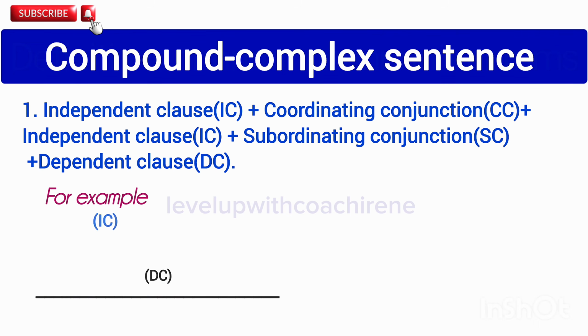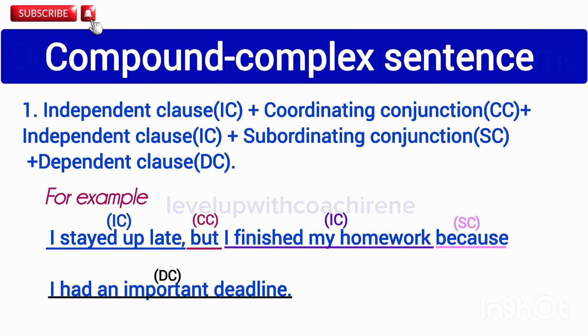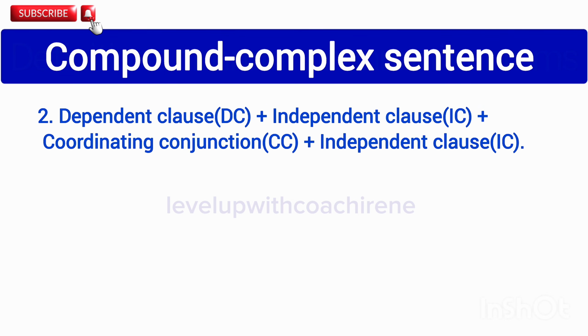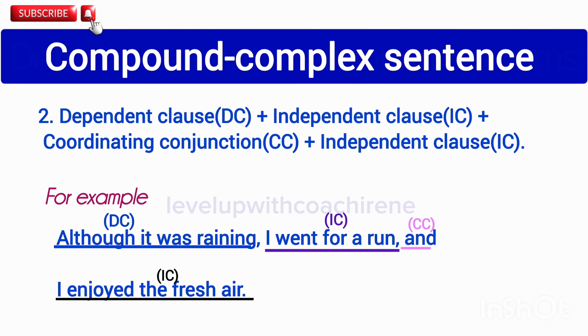For example, I stayed up late, but I finished my homework because I had an important deadline. It can also be formed with a dependent clause plus independent clause plus coordinating conjunction plus independent clause. For example, although it was raining, I went for a run and I enjoyed the fresh air.